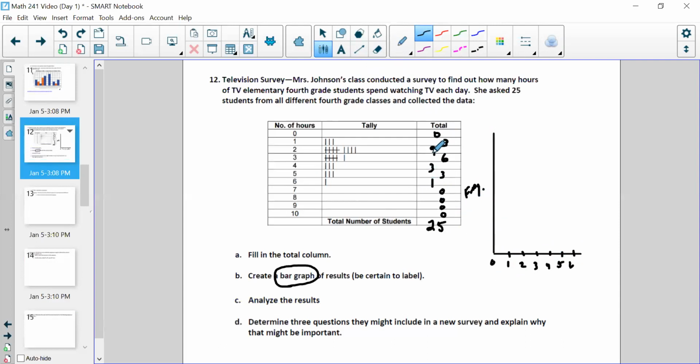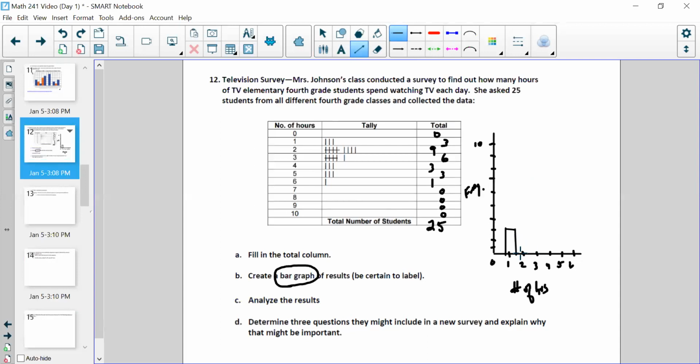So the highest one we see is 9. I'm just going to 10. And so this is just your number of hours. So what you would do is then at 1 hour, notice you've got number of hours 1. So just the frequency of that, we would just kind of build our bar graph, and then so forth again.